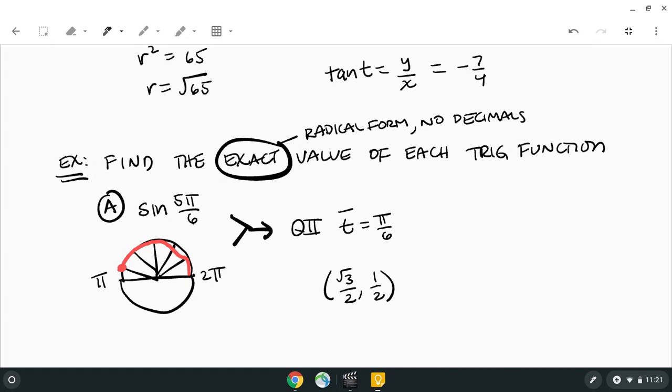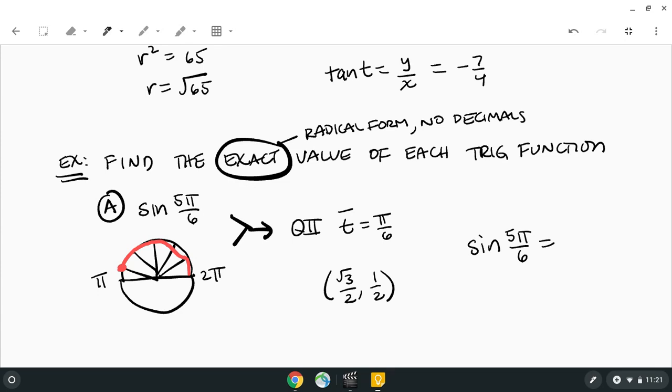So sine of 5 pi over 6 is going to be associated with the y value. So over here, sine of 5 pi over 6 is going to be 1/2, but always check to see what quadrant you're in. The y value there is positive.